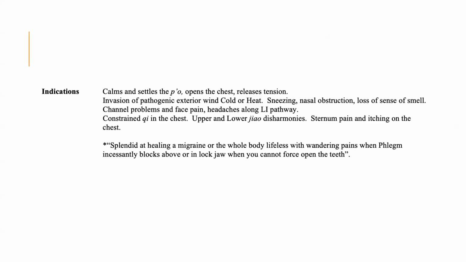It is also indicated for constrained qi in the chest, for upper and lower jaw disharmonies, and sternum pain and itching on the chest. This point is splendid at healing a migraine or the whole body lifeless with wandering pains when phlegm incessantly blocks above, or in locked jaw when you cannot force open the teeth.